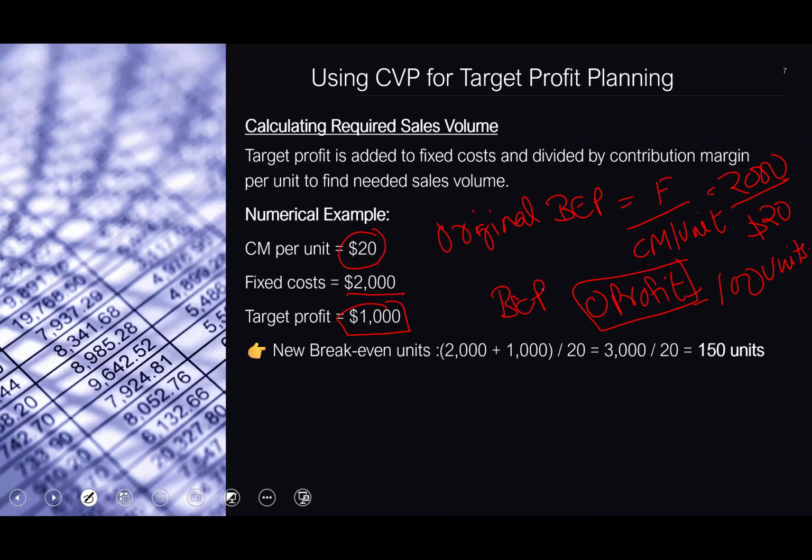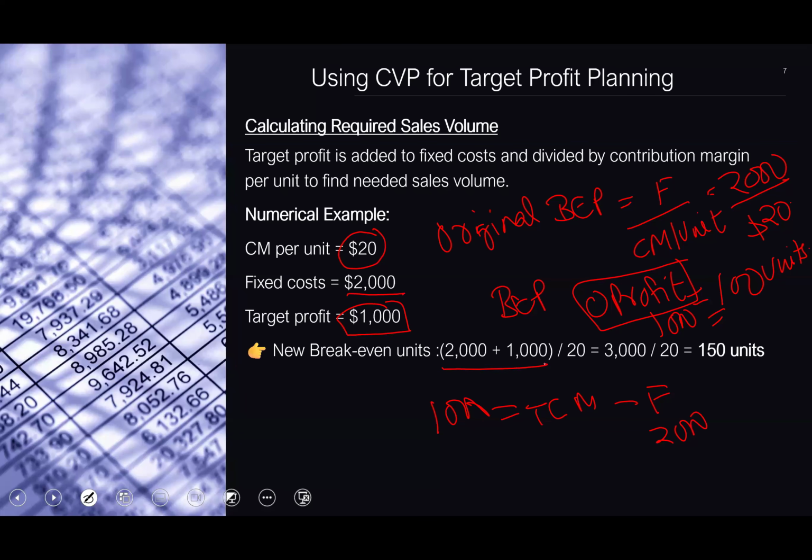But if I want to make, instead of zero profit, $1,000 profit, I recalculate this equation, and I say that 1,000 is equal to total contribution margin minus fixed cost. So this time my fixed cost of 2,000 moves to this side.